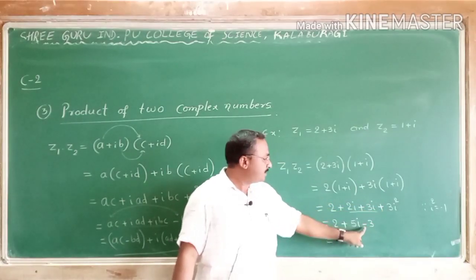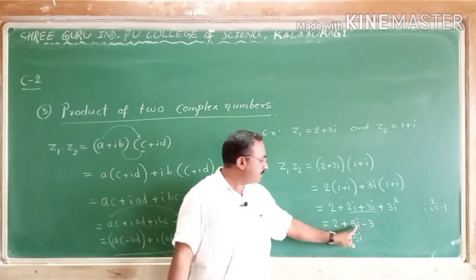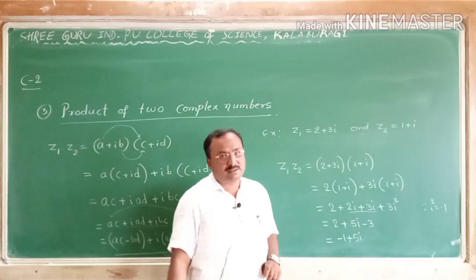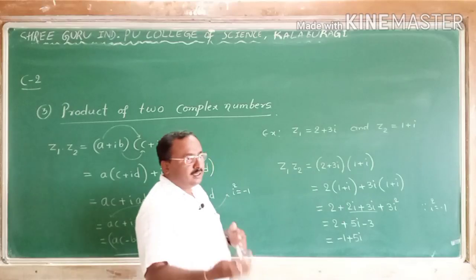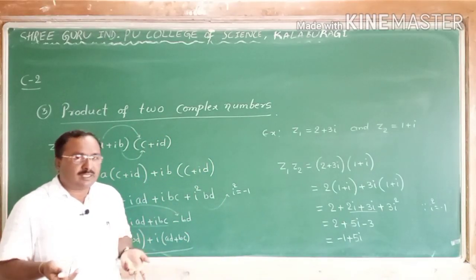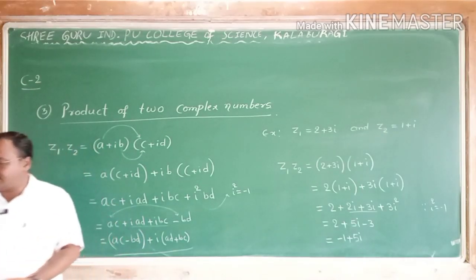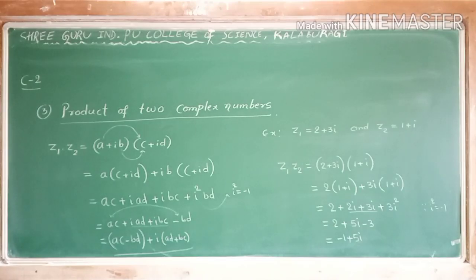This value becomes minus 3. Real separate: 2 minus 3 is minus 1, and 5i as it is. Understood? Suppose i plus 2i is 3i, i plus 4i is 5i. In this form, add the i terms separately and the real parts separately.